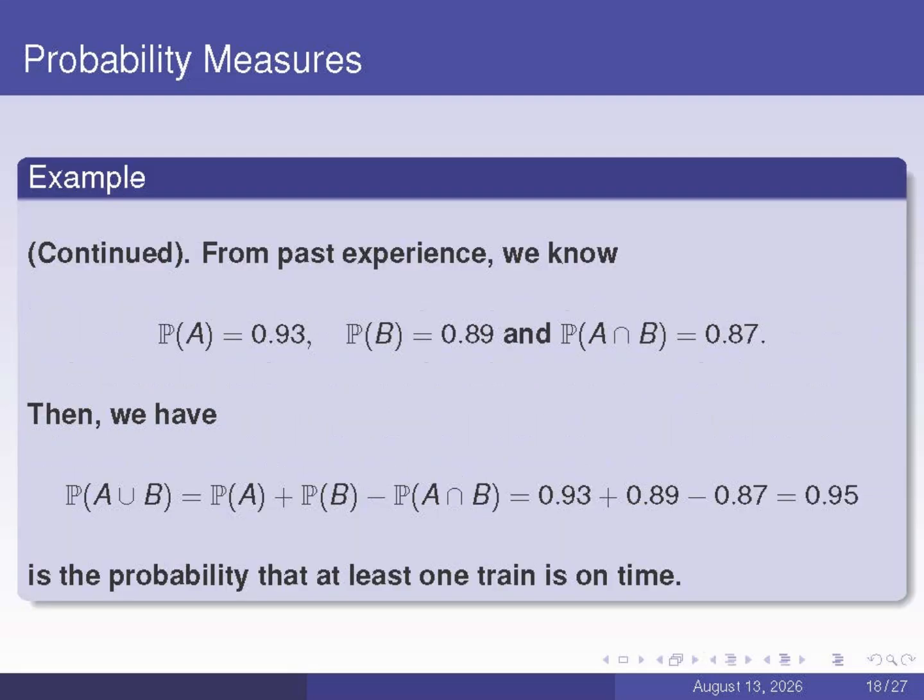Based on past experience, the probabilities of event A, event B, and both events occurring simultaneously are shown in the second line. Therefore, using the property proved earlier, we can compute the probability that either event A or event B occurs, as presented in the second to last line. This value represents the probability that at least one of the two trains arrives on time.